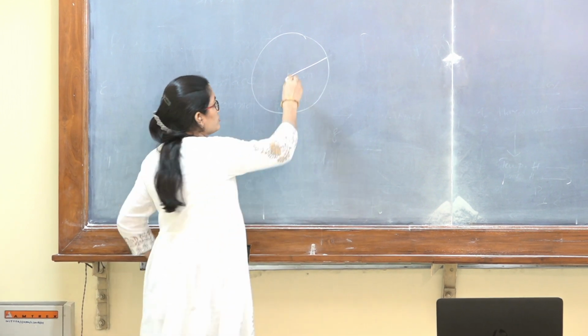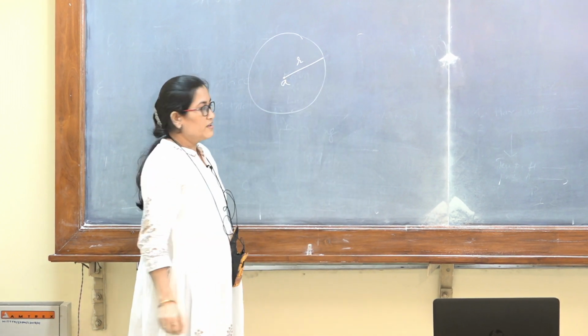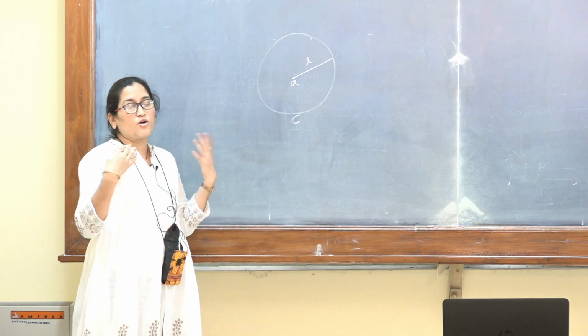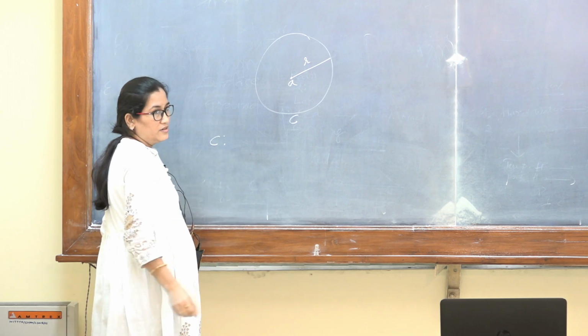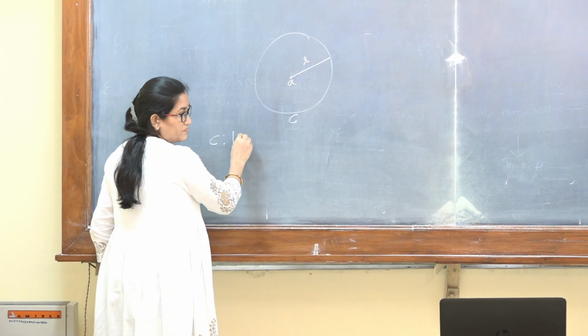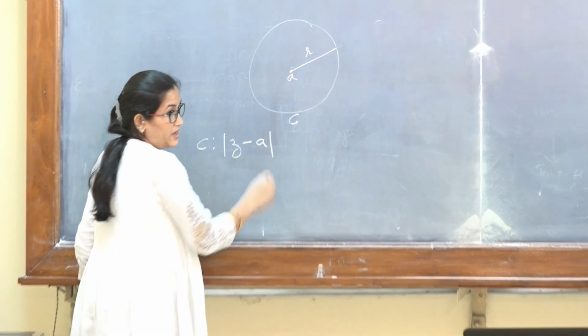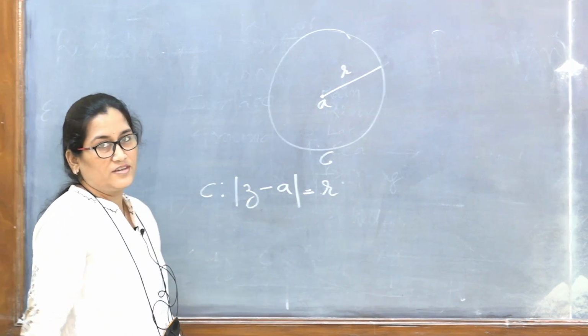R. This is R. Say center A. This is a circle C. But there is an expression for how we can write this. C is a circle with center at A of R radius.